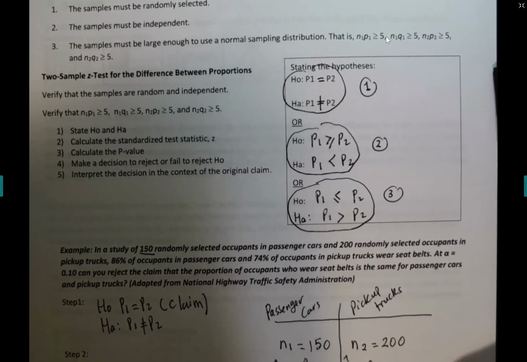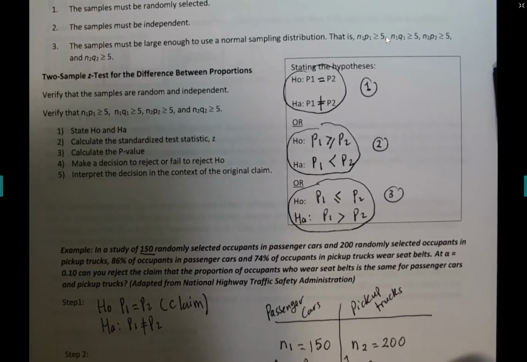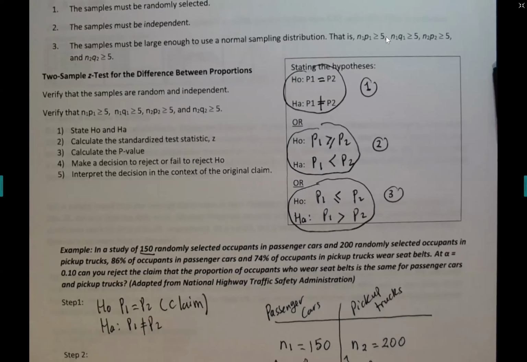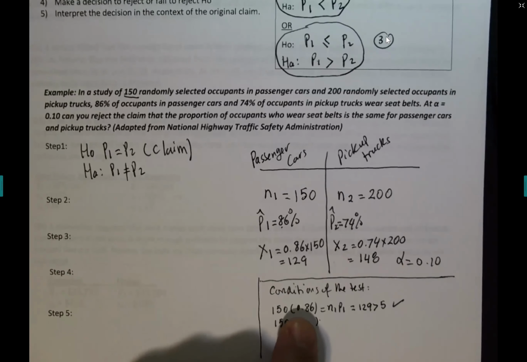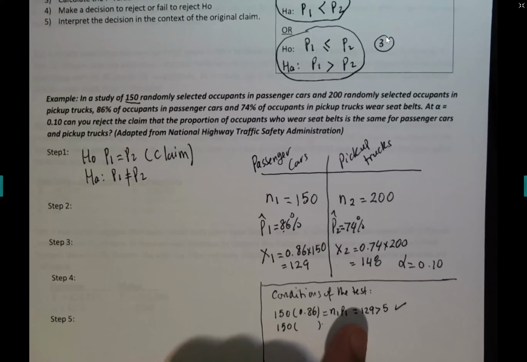And the answer is 129, bigger than 5. Then you take 150 and multiply by the q1 hat. If the 0.86 is the p1, you multiply by 150, you get 129, bigger than 5.